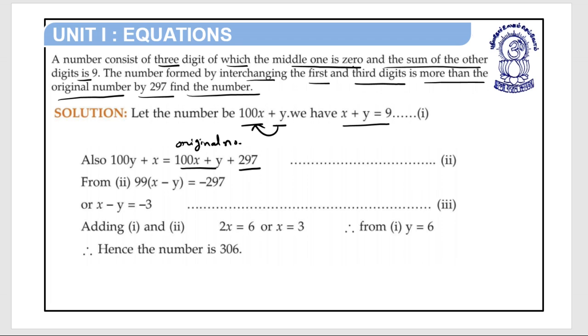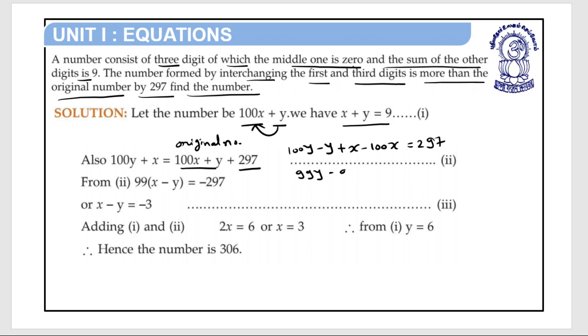So 100y minus y plus x minus 100x is equal to 297.